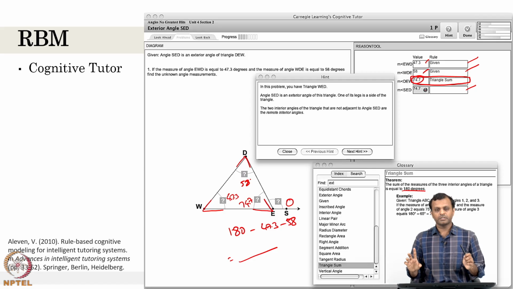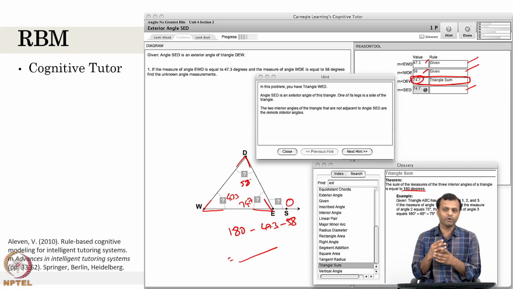I hope you see how the rule-based model is working, and how they created the domain content. This is how domain content looks, with rules and steps in the process and what hints to provide; all those details are given in the rule-based system. In fact, this also acts as pedagogy logic a bit because it decides which hint to provide.